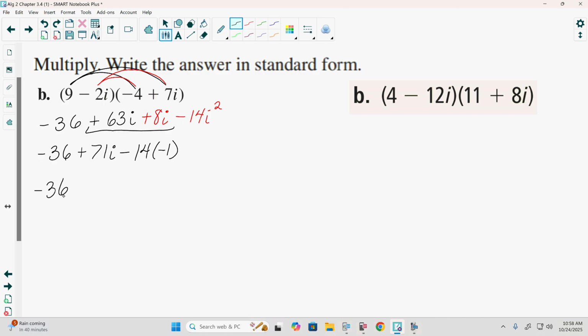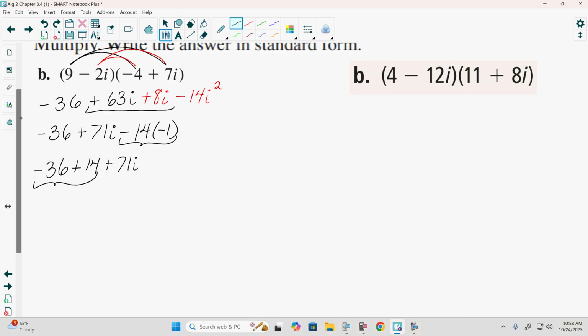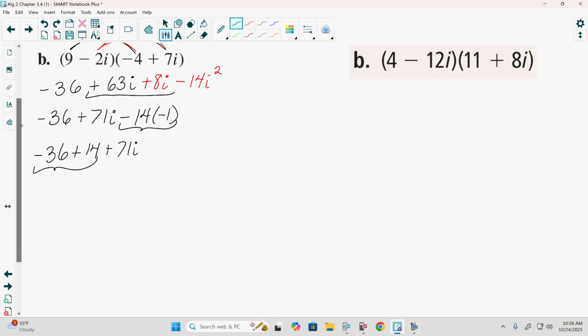Now, our negative 14 times negative 1 is just going to give us positive 14. Because the negative 14 doesn't have the i squared anymore, it's now positive 14. It and negative 36 are like terms, telling us that we have negative 22 plus 71i.